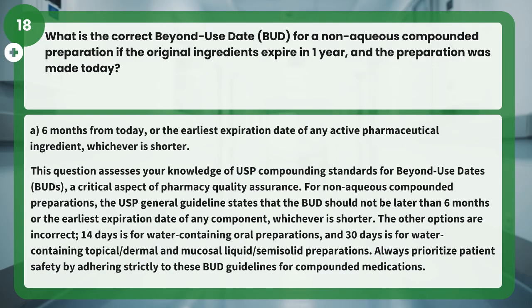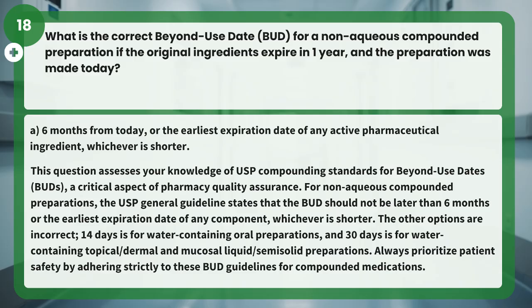Answer A. 6 months from today, or the earliest expiration date of any active pharmaceutical ingredient, whichever is shorter. This question assesses your knowledge of USP compounding standards for beyond use dates, BUDs, a critical aspect of pharmacy quality assurance. For non-aqueous compounded preparations, the USP General Guideline states that the BUD should not be later than 6 months or the earliest expiration date of any component, whichever is shorter.